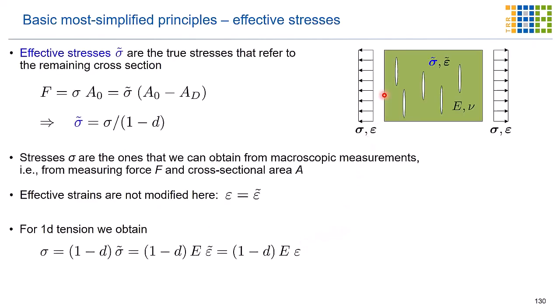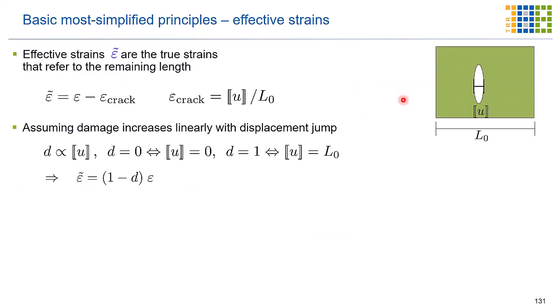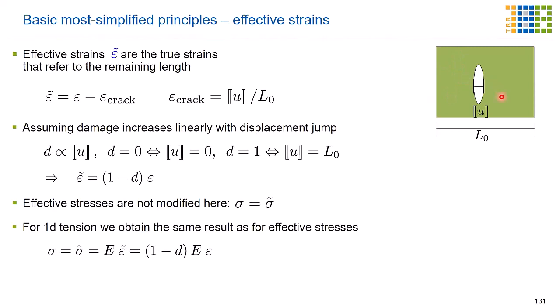So they can also coalesce. You can also have coalescence here, changing the area. The same applies to the strains. So you could have more displacement jumps, adding them up. And that gives us an understanding or an idea of how damage could evolve, could look like in these terms.